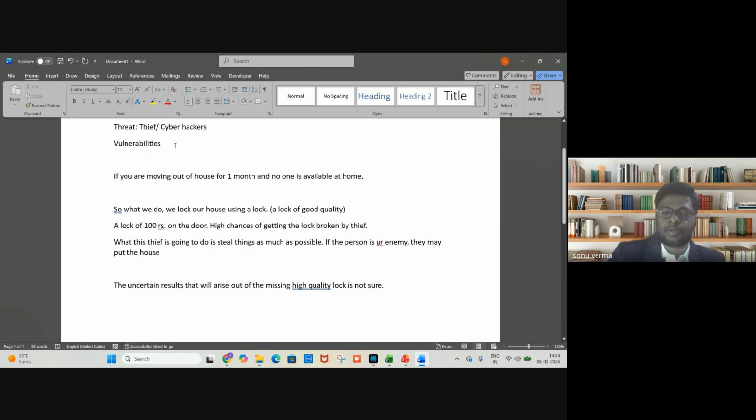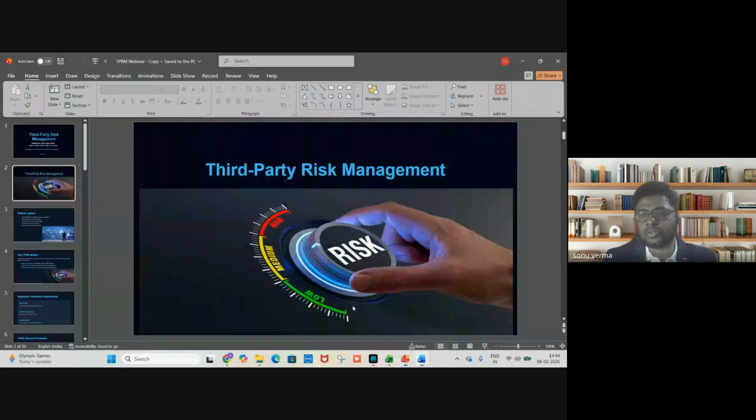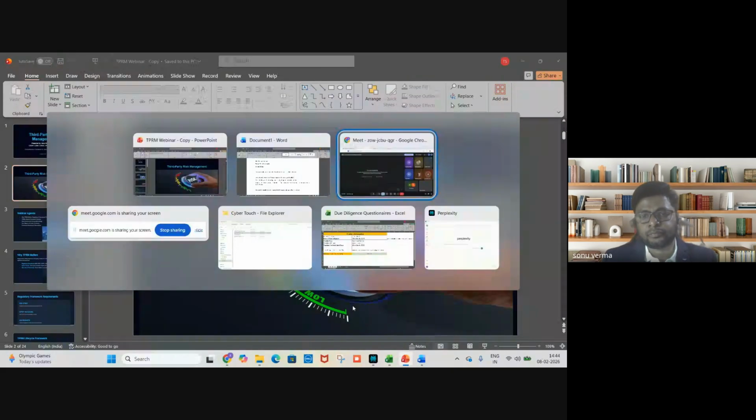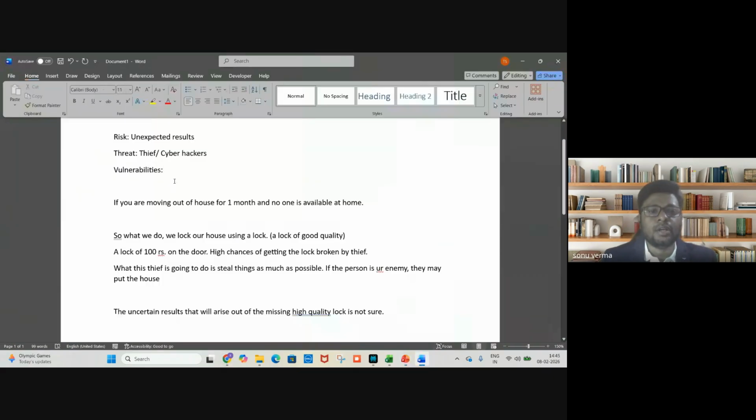Now, what is the security control we have applied here? Please feel free to ask questions. Somebody has a question? No? Okay. So the security control that we have applied here is the lock.